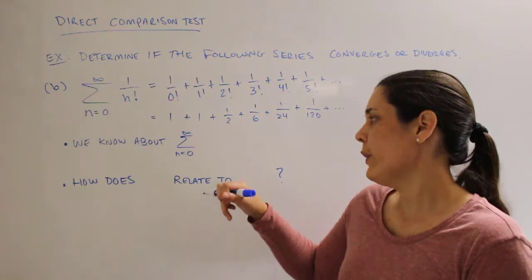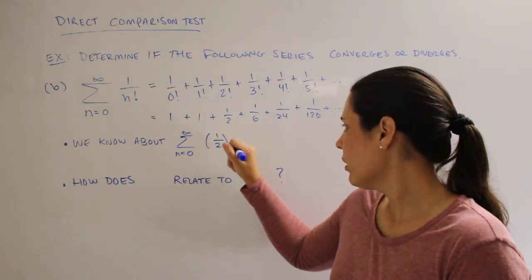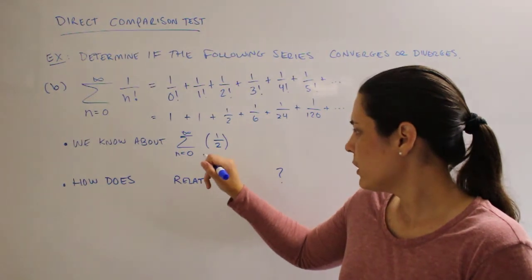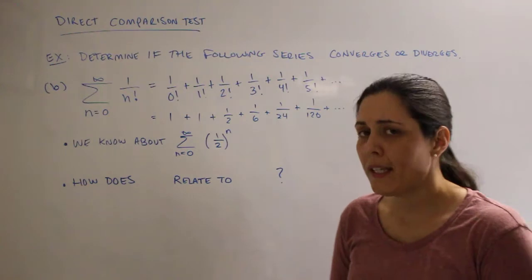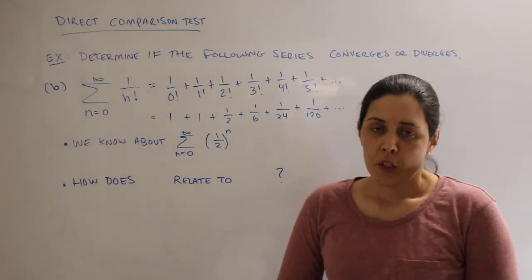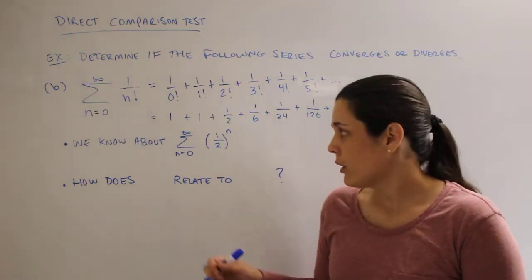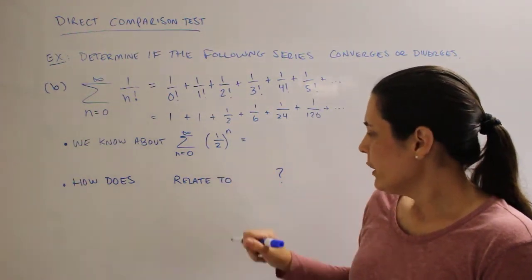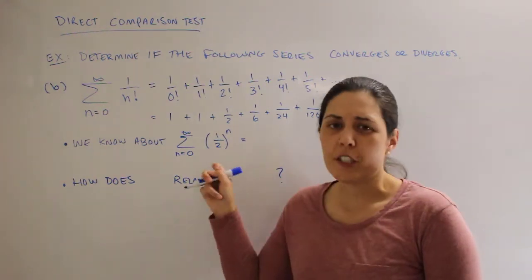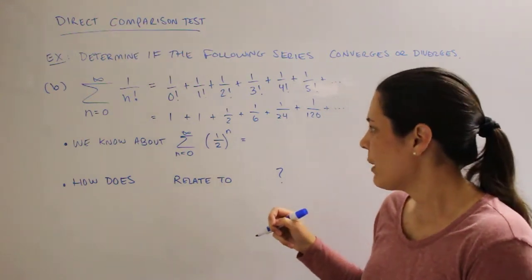The one that we know about is the series when n goes from 0 to infinity of 1/2 to the nth power. I'll show you why I picked it when we answer the next question. But let's identify some terms in this series. This is in fact a geometric series, so that's why we know about it. We talked about those a few sections back.